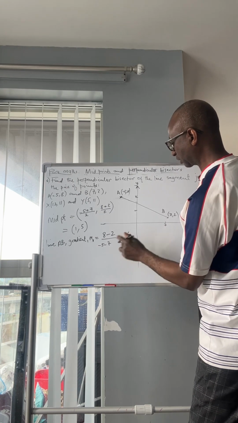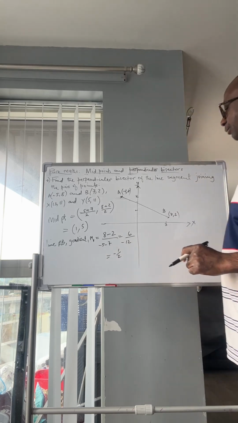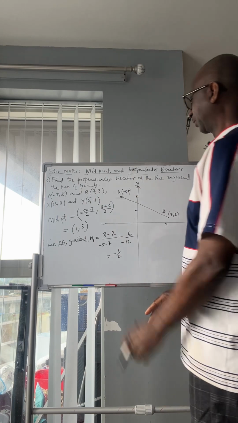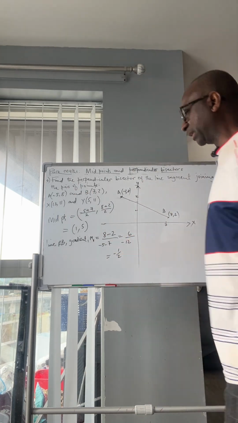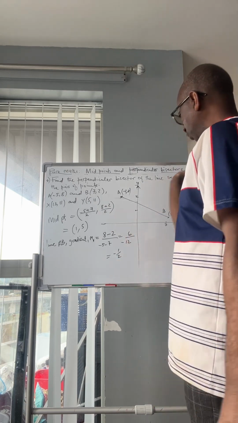So this gives us -1/2. That's why it slopes down from left to right, so the gradient should be negative.